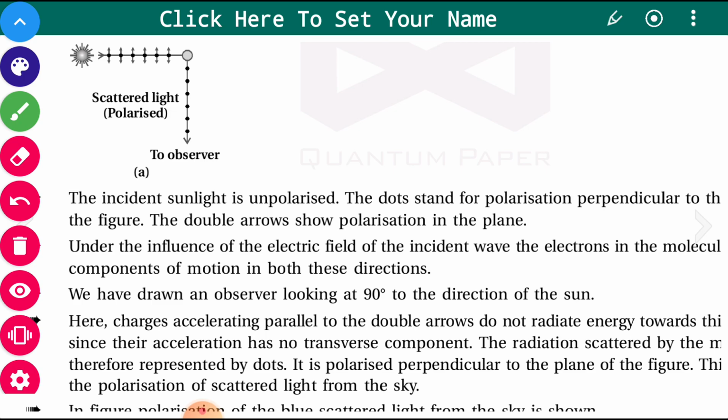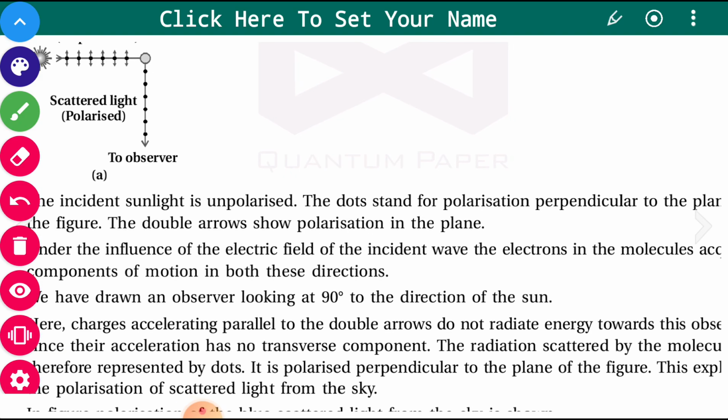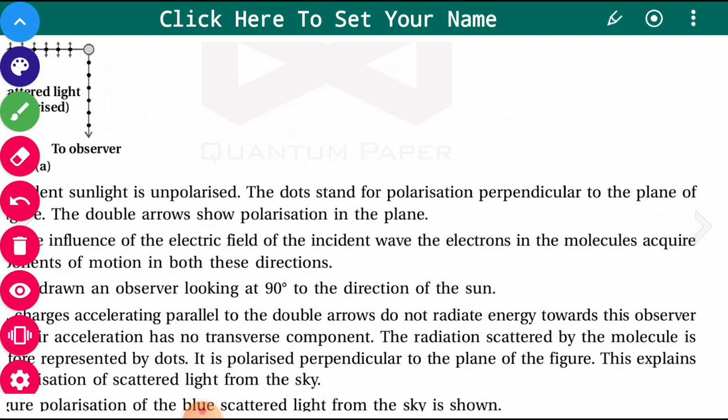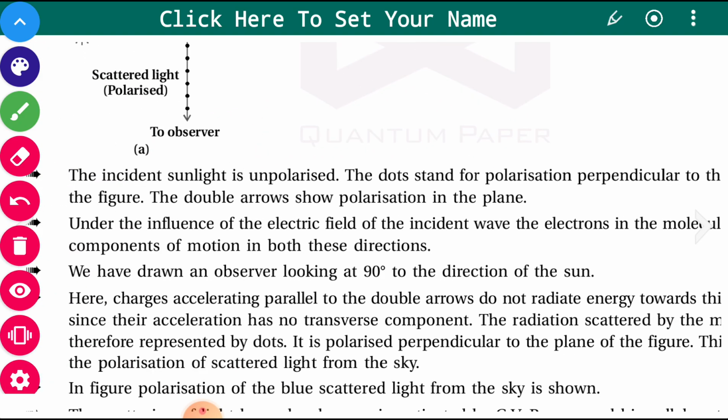The dots stand for polarization perpendicular to the plane of the figure. So these E vectors, or electric field intensity vectors, are found to be perpendicular to the plane of the figure. The double arrow shows the polarization in the plane.